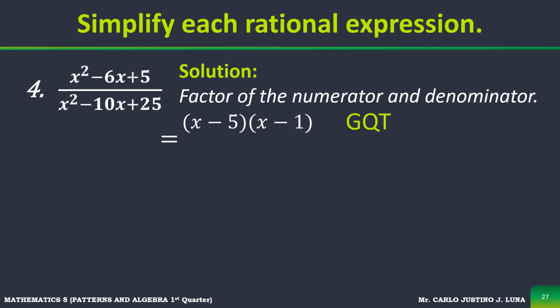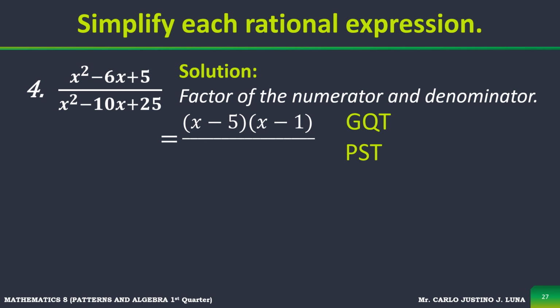Okay, proceed. Over. Okay, denominator. We can do that. We can get the factors by factoring perfect square trinomials. Okay? Bakit siya perfect square trinomial? Very good. Because the first term is a perfect square.